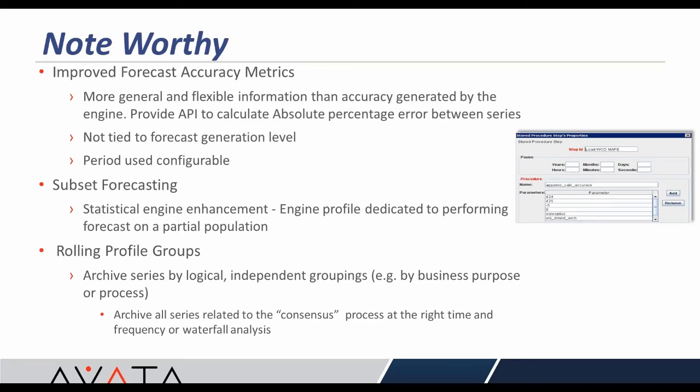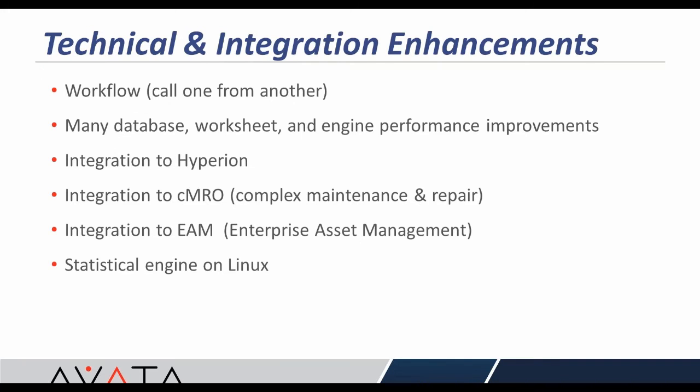So you don't have to archive everything at once. A perfect example, you can archive specifically the group of series related to your consensus forecast process, archive it, create that final plan of record, and then go and archive the relative series for a waterfall analysis. You don't have to do everything all at once.